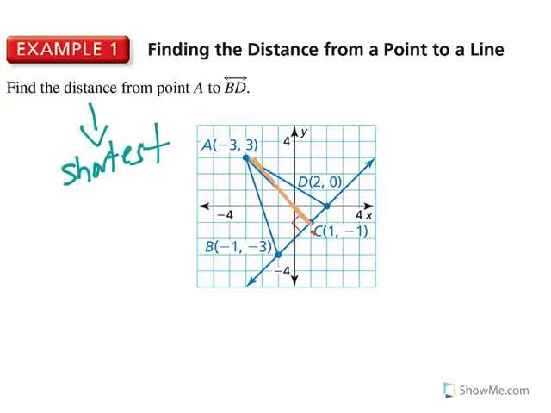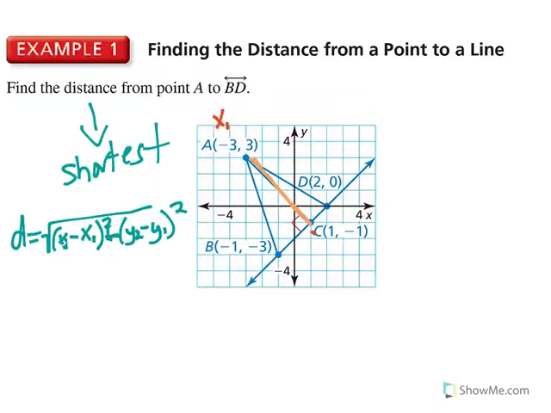When we're in a coordinate plane, we're going to use the distance formula. So here we have the distance formula. It's the square root of x2 minus x1 squared plus y2 minus y1 squared. So then we just plug in our coordinates. Remember, we need a label. So if I want to use A as my first one, I can do this one as x1, y1, and my C is x2, y2. Then all I'm going to do is substitute these in.